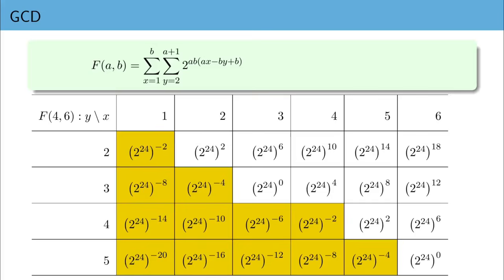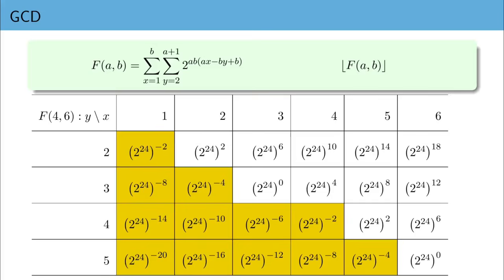These are tiny fractions. Even if these were all 2 to the 24th to the negative first, right? Even if that exponent was just negative 1, there wouldn't be 2 to the 24th of them to add up to 1. So all of these terms I've highlighted here together contribute a tiny fraction between 0 and 1 to the sum.